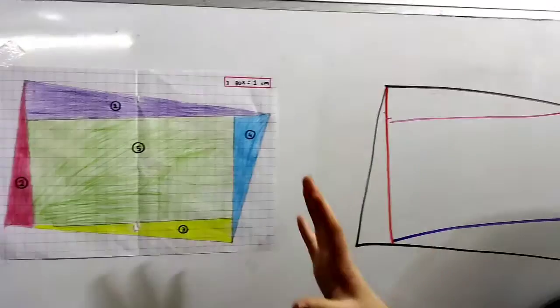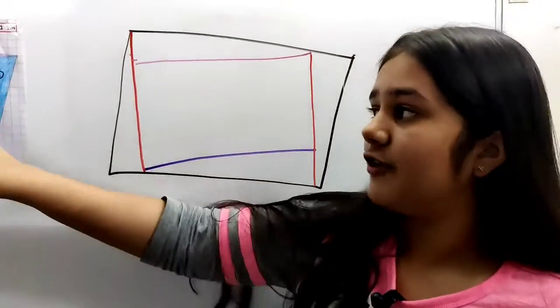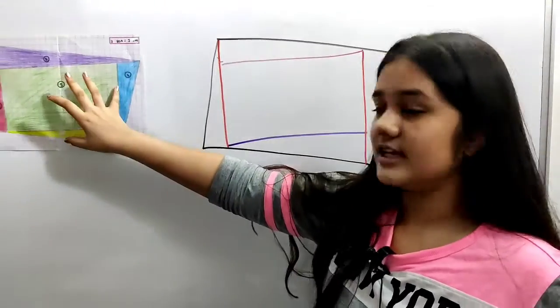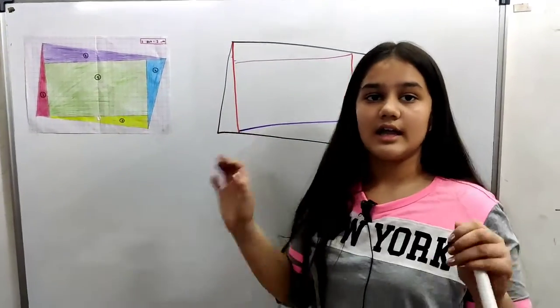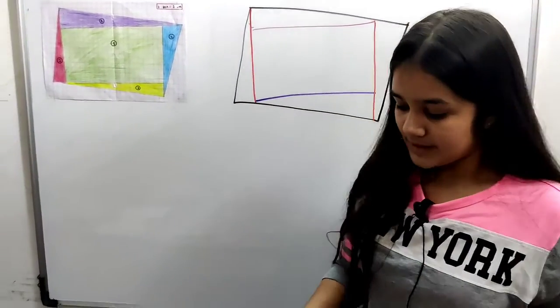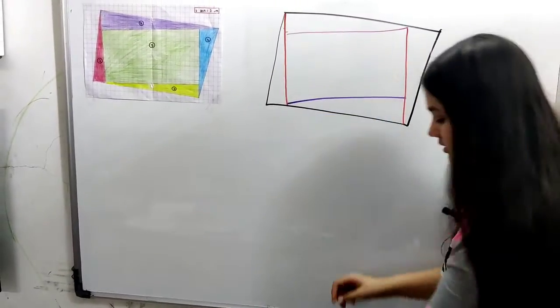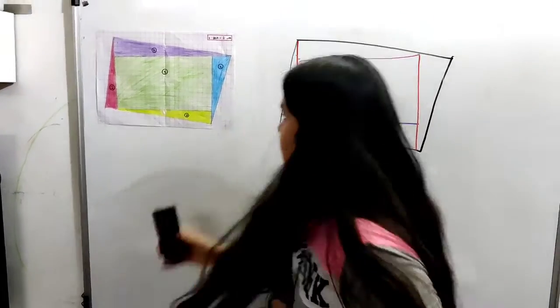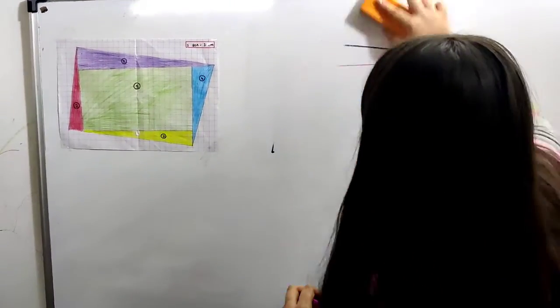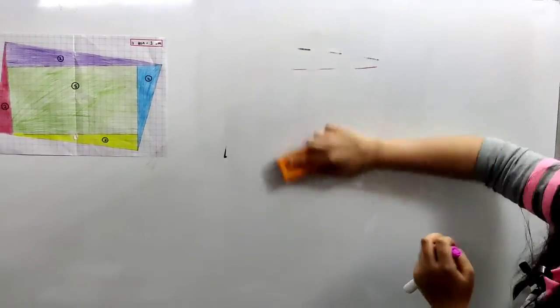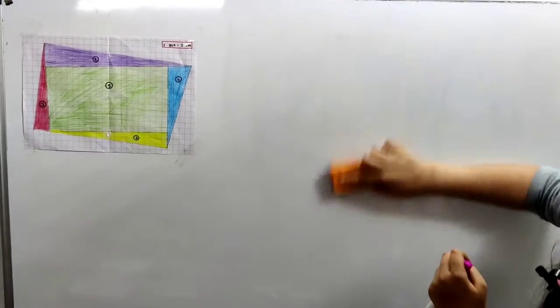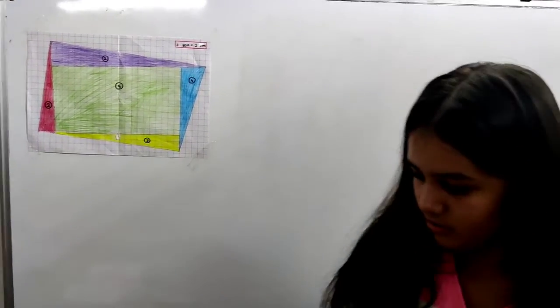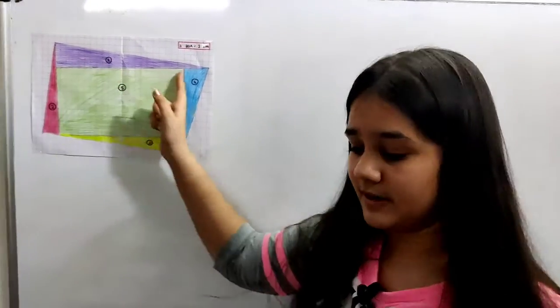Now, we know the formula to find the area of a triangle and also the area of the red triangle. So we'll start with how to find the area. So first let's start with the purple triangle.